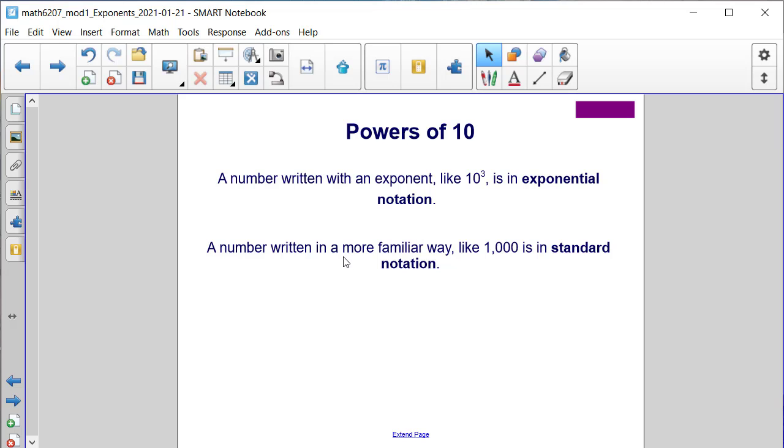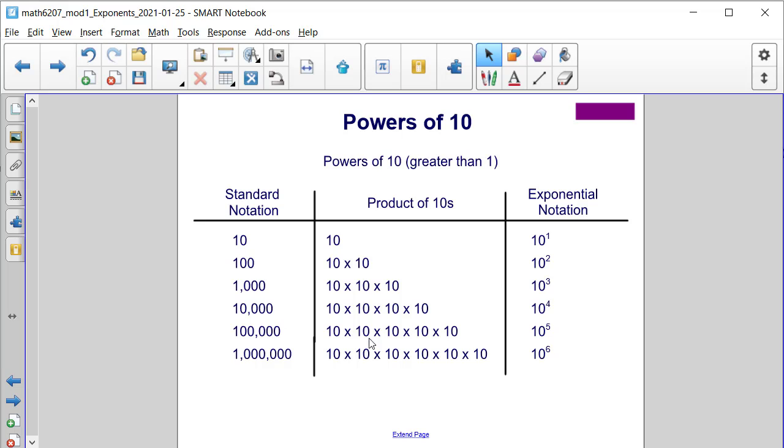A number written in a more familiar way, such as 1000, is written in standard notation. The table on the slide shows how the number, when written in standard notation, is related to the product of tens and then its exponential notation.